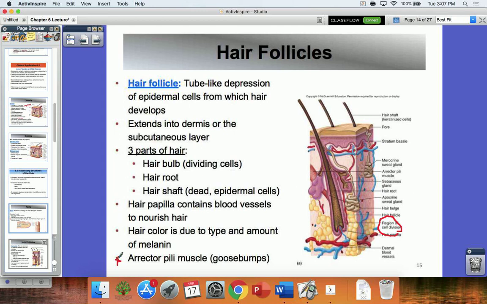And since it's attached to a hair follicle, when it contracts, it's going to cause that hair shaft to stand up, and we see what we call goosebumps. So that's what causes goosebumps when we become cold on our arms or in our body.